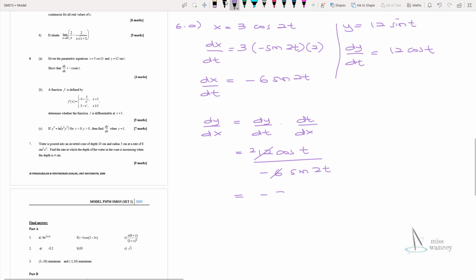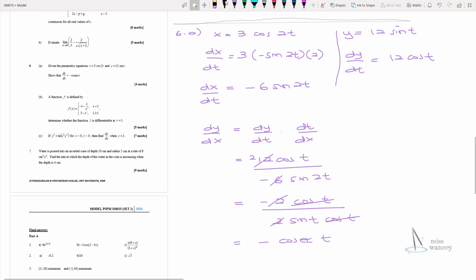So we are going to get negative 2 cos t over sine of 2t, we can actually change it to become 2 sin t cos t, and then you can cancel out the cos and cos, 2 and 2. So we have 1 over sine, which is actually negative cosecant of t. So negative, 1 over sine is cosecant of t. Okay, so I'm done with number 6a, so let us proceed with the next one.